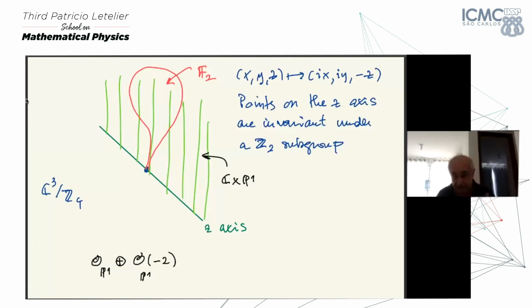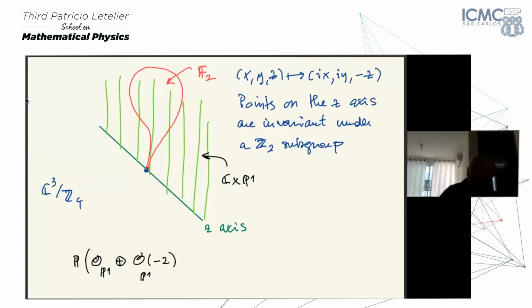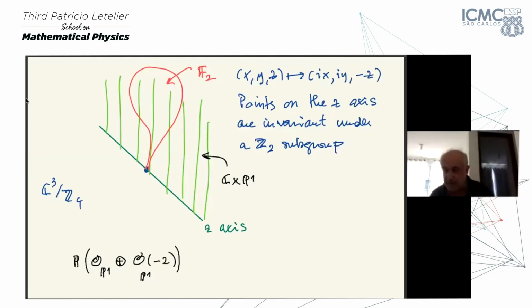The total space of this is a threefold, and you projectivize this. So basically you projectivize the fibers, right? This is a vector bundle of rank 2 over P1. So every fiber is a two-dimensional vector space, and you projectivize it. And this is F2, where 2 is because we took O(-2).